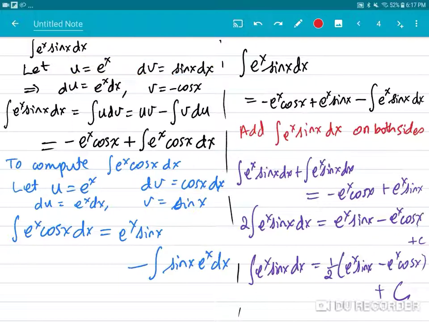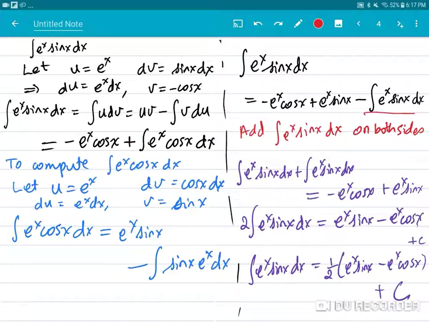If you started out doing the other way around, that's fine, but make sure you have your u to be the trig function and dv to be your e to the x function. Then calculate the integral of this piece, which will give you that expression to integrate after one more step.